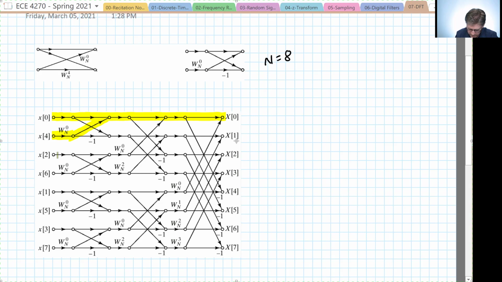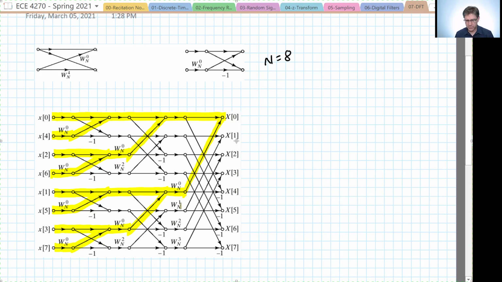We get that contributing, and we get that contributing. How does this one get there? Oh yes, this one gets there this way. That is summed in there that way. x5 joins in there, x3, and finally x7.